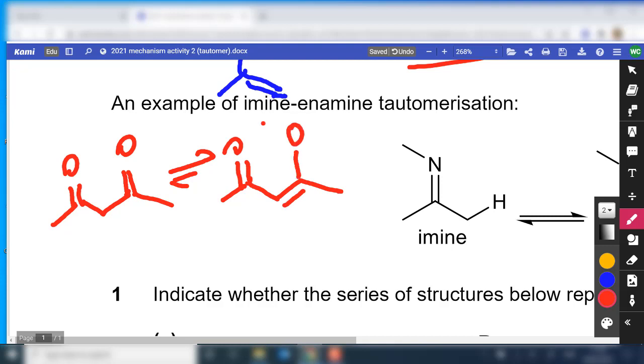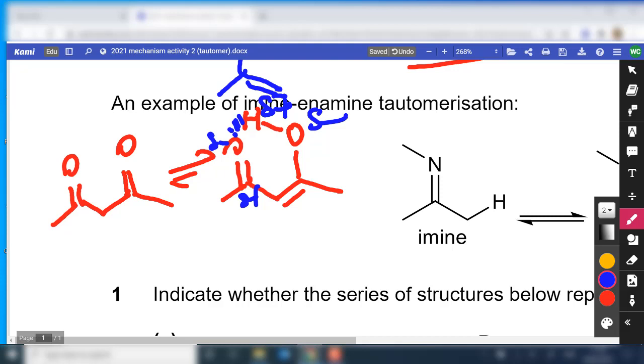The reason is it can be stabilized through intramolecular hydrogen bonding, okay, between this O and this H. So delta plus, delta minus. Okay, so the presence of intramolecular hydrogen bonding can actually help to stabilize an enol form.